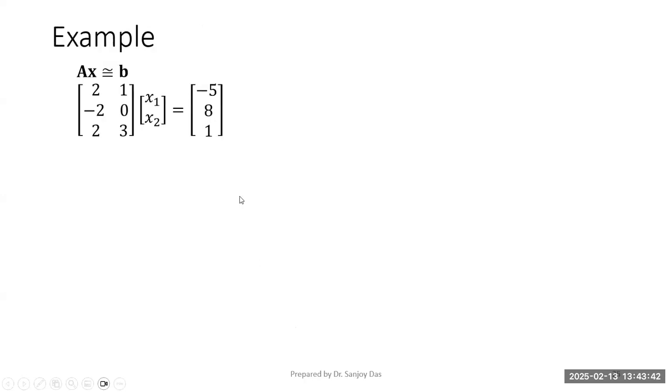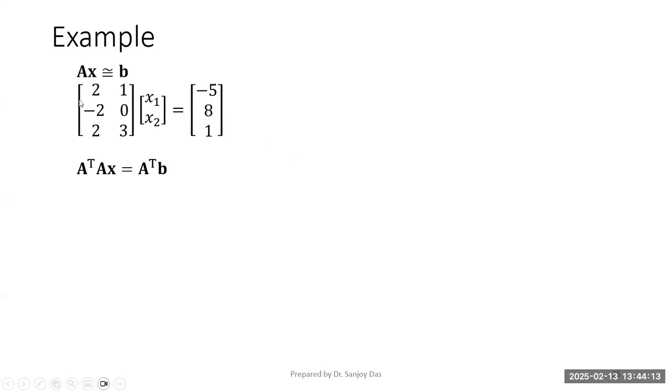Okay, now here's an example. Now this example will make it clear. We have two variables, x1 and x2, and we have to satisfy three linear equations. We cannot expect to satisfy all three, right? We can only try to approximately make the right side and left side as close to one another as possible.